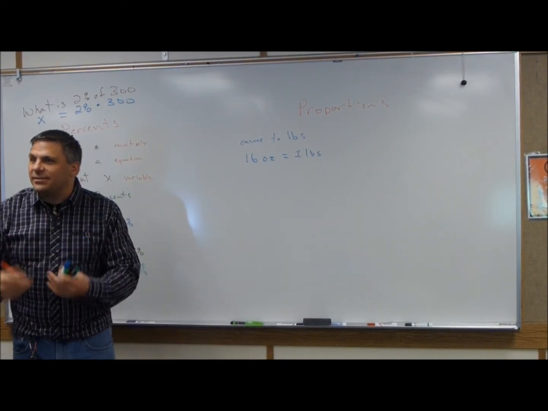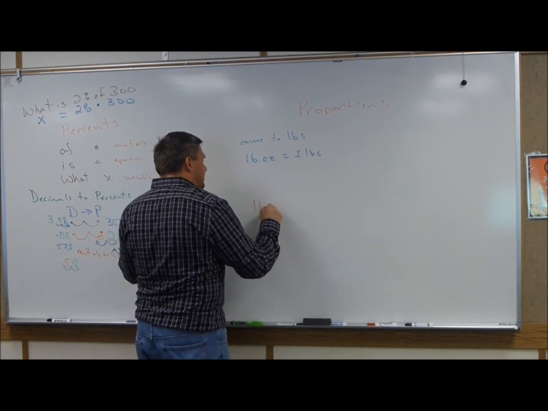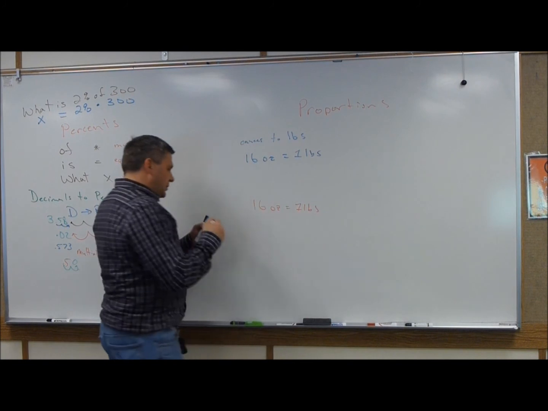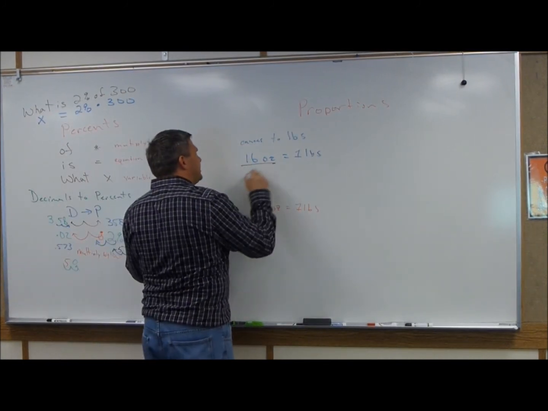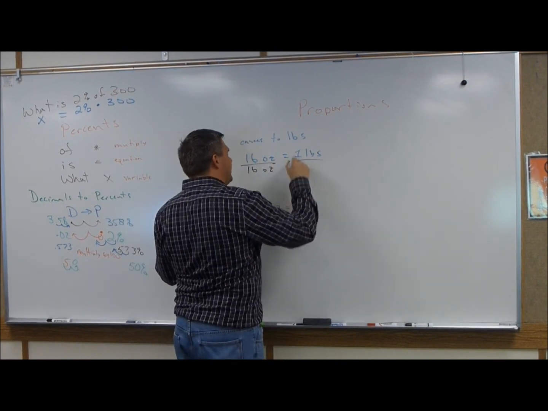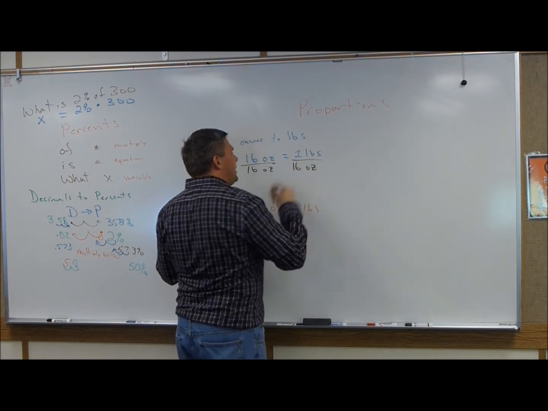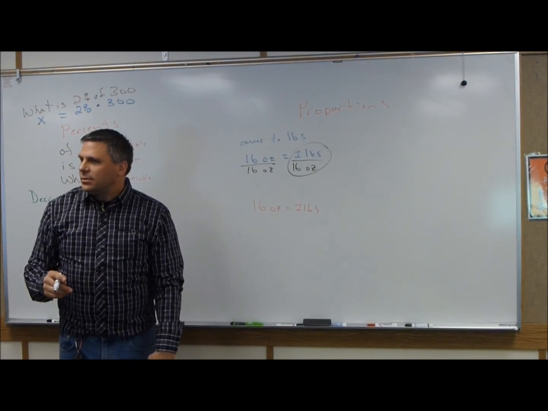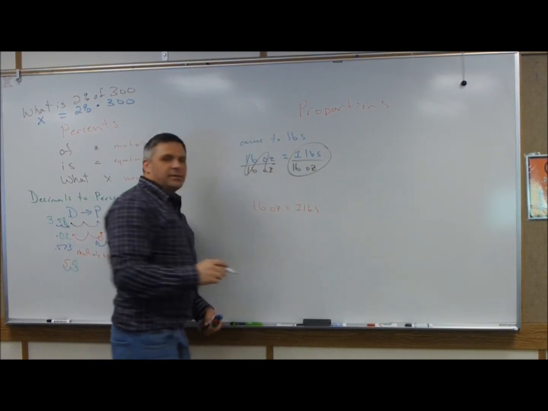That's my base. And here's the thing. I'll write it again here. 16 ounces is equal to 1 pound. So now all I got to do is 2 things. 1, divide this side by 16 ounces, and divide this side by 16 ounces. And now I got my ratio of pounds to ounces, because this cancels out.